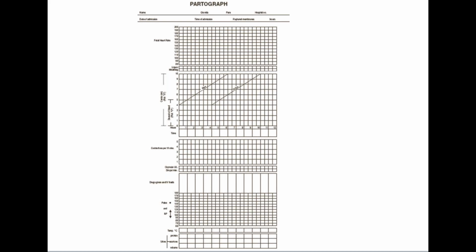And how do we mark that? I will just show you. If we have this column like that, 1, 2, 3, 4, and 5, these are the columns for contractions.